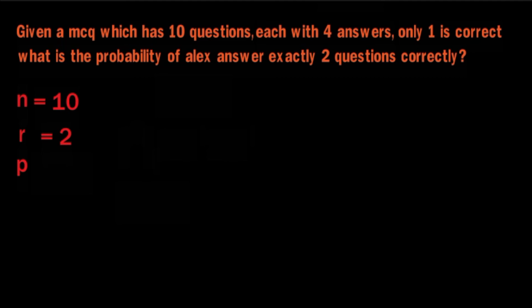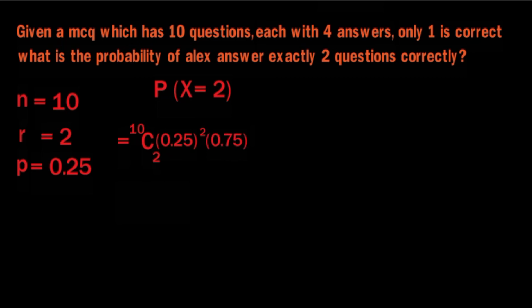What is the probability of success for each question for an MCQ which has 4 answers? 0.25. So let's do this. We want to find the outcome that answers 2 questions correctly. So it's 10C2, 0.25 to the power of 2 and 0.75 to the power of 8.